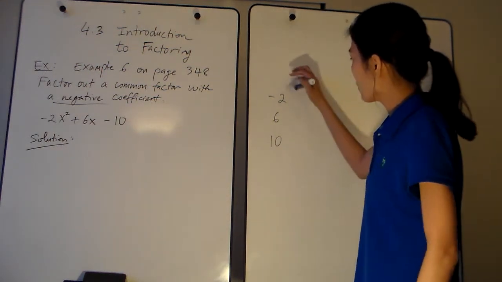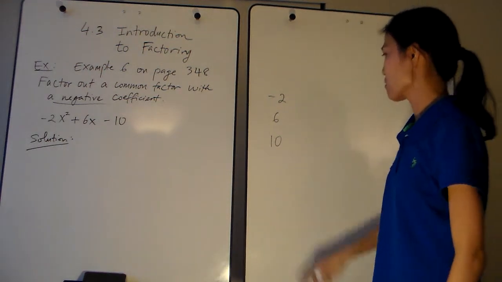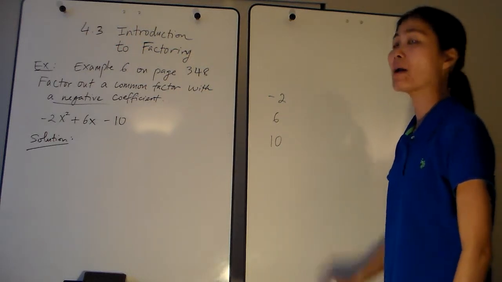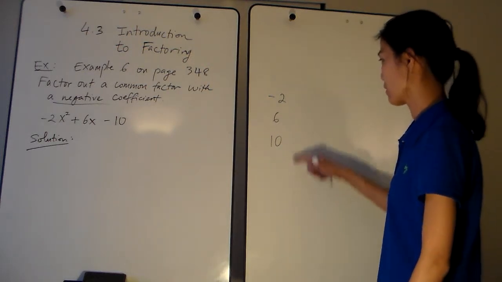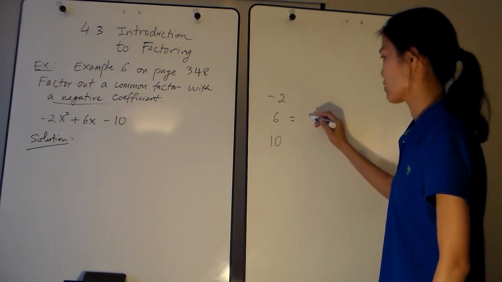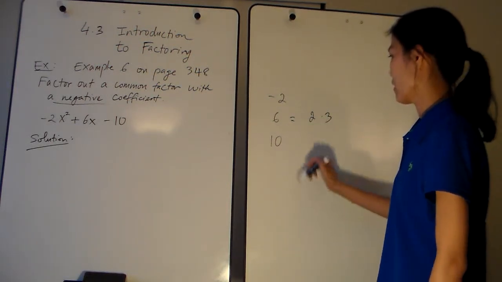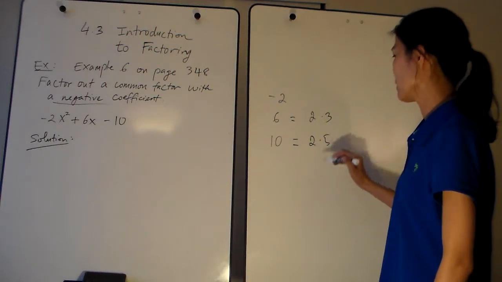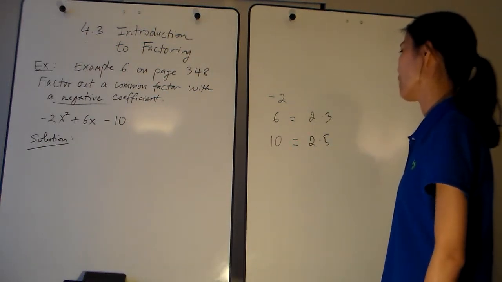So look at all these three terms. What is the largest common factor? 2, 6, 10. 6 you can write as 2 times 3, okay? 10 you can write as 2 times 5. 2 is just 2, or 2 times 1.